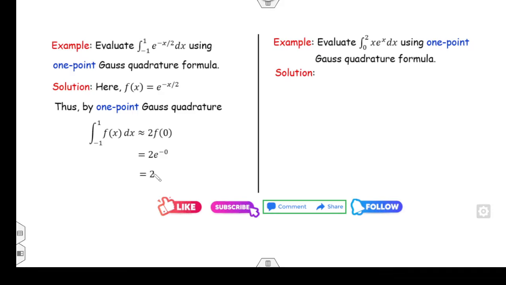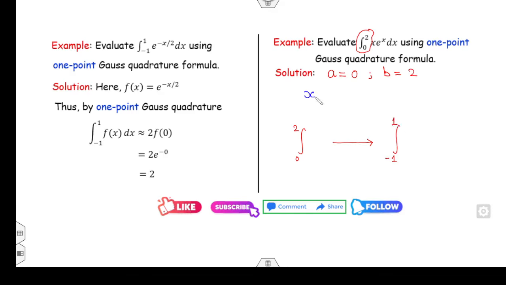Always remember, this is an approximate answer because we are using the quadrature formula. Now look at the second example. The domain is 0 to 2, so the lower limit is 0 and the upper limit is 2. Your first target is to convert these limits to -1 to +1.